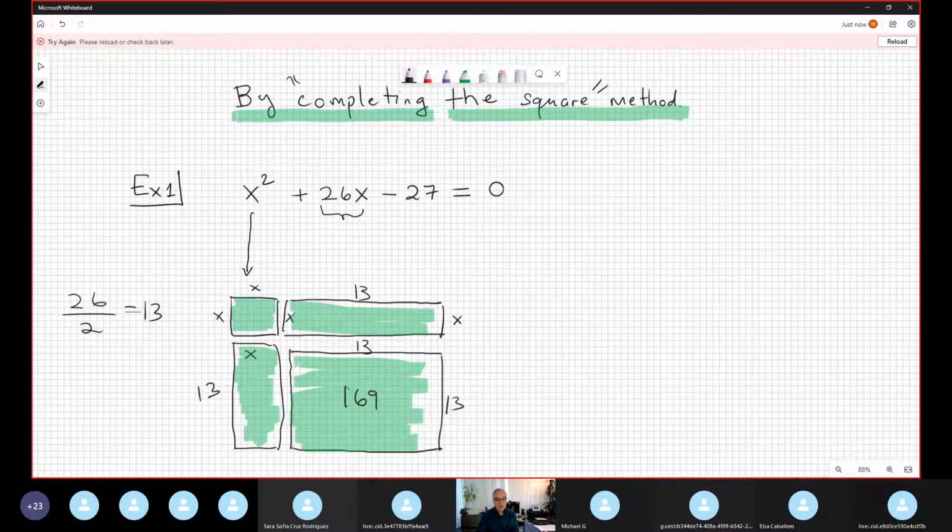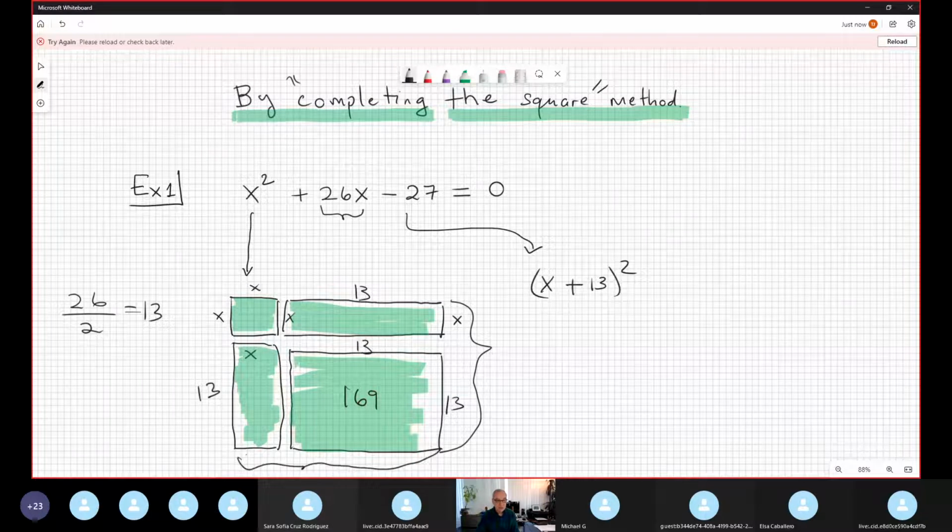I complete the square, and we have a new square. The side is x plus 13. Look, the manipulation is x plus 13 squared, in this direction and in this direction, it's the same, no?